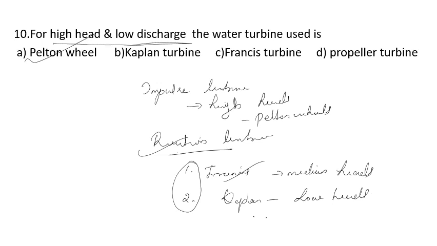Based on this, low head means 0 to 30 meters, medium head means 30 meters to 300 meters, and high head means above 300 meters. Okay.